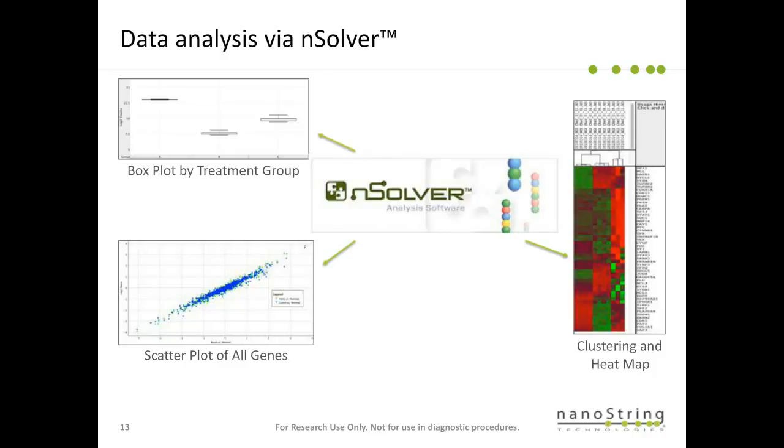More than that, nSolver also has a statistical package included, and that can generate a lot of useful plots, such as box plots, scatter plots, and heat maps by clustering both samples and genes based on their expression levels. Essentially, once you get the data, you can use nSolver to generate all the useful figures for understanding of the data and for publication as well.